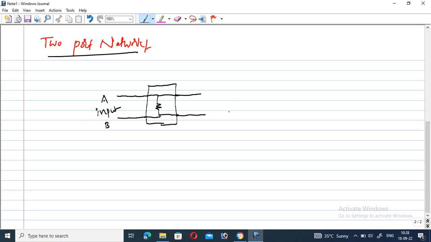This is called the output, right? We can also represent the two port network like this also. So here it is the input side, this is the output side. This is generally called a two port network, right?